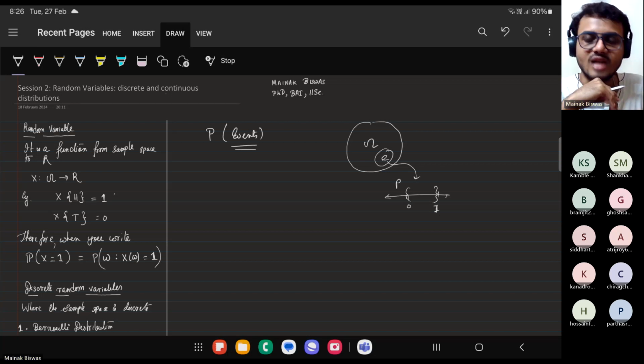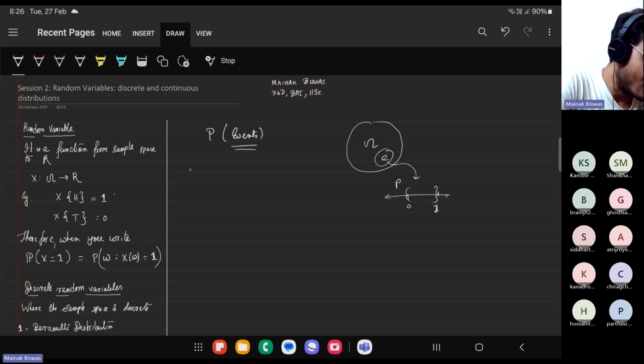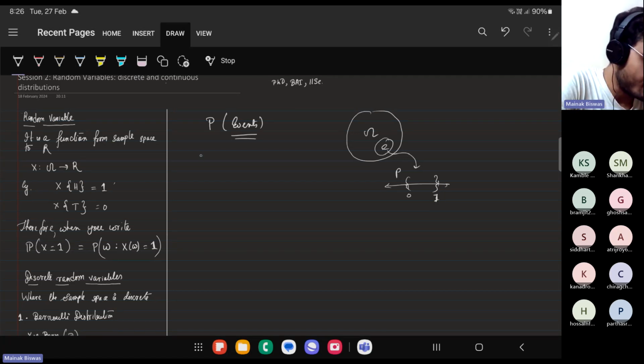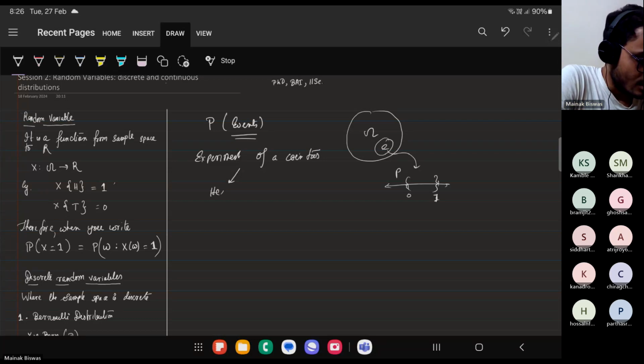So that's why we introduce the concept of random variable. What is a random variable? I'll give you an intuition first, and then I'll give you the mathematical understanding. Say you have an experiment of a coin toss, where you say head is equal to 1 and tail is equal to 0.